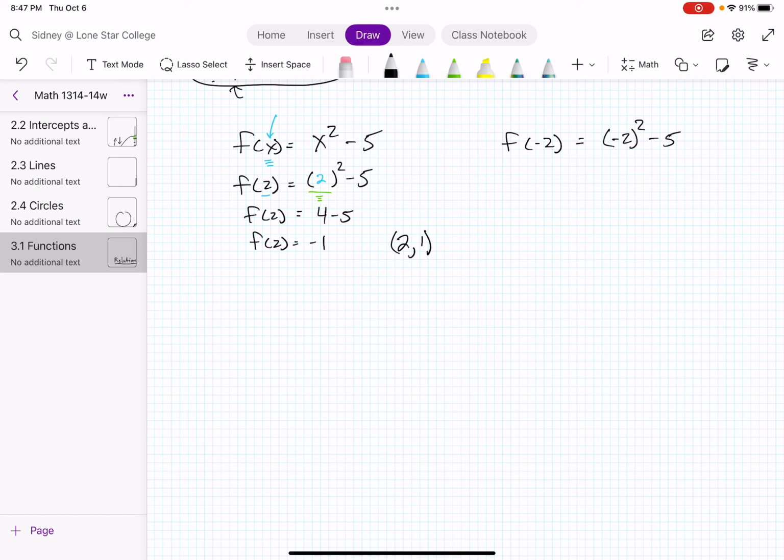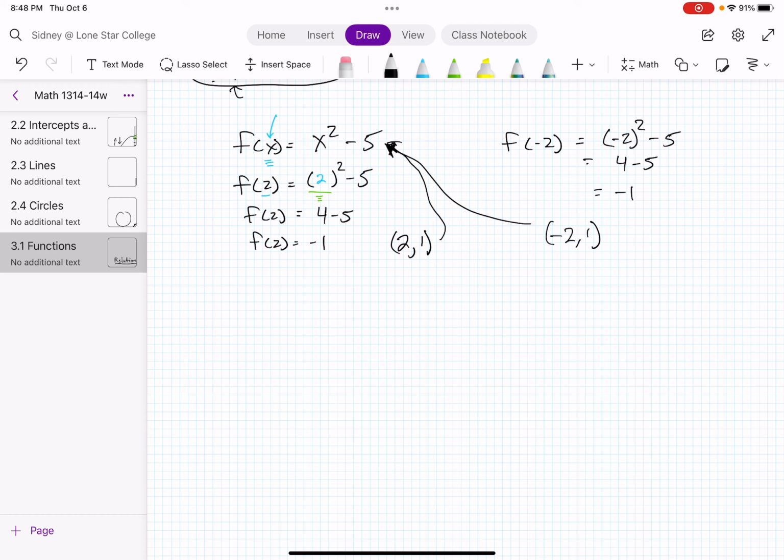And so I have negative 2 times negative 2 is 4, and it turns out that f of negative 2 is also negative 1. And so these two combinations of inputs and outputs, these ordered pairs, are for that mathematical relationship right there, the function of x for x squared minus 5.